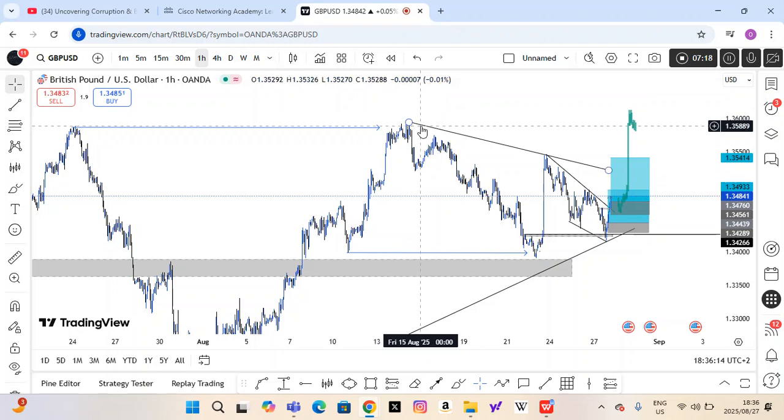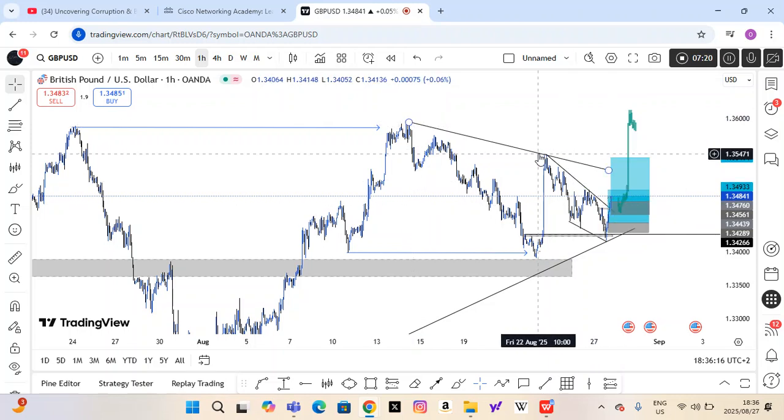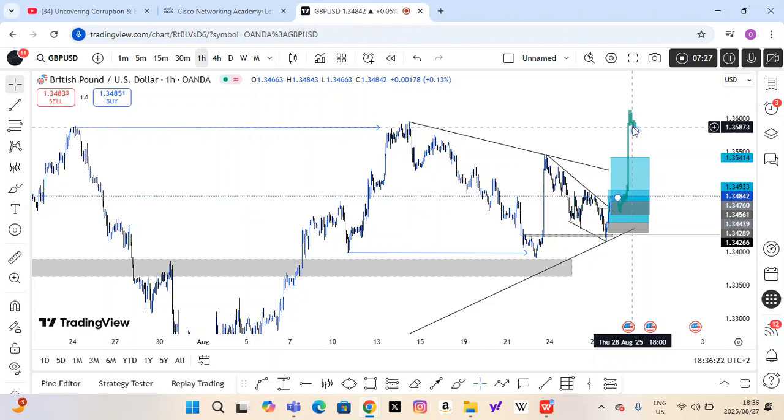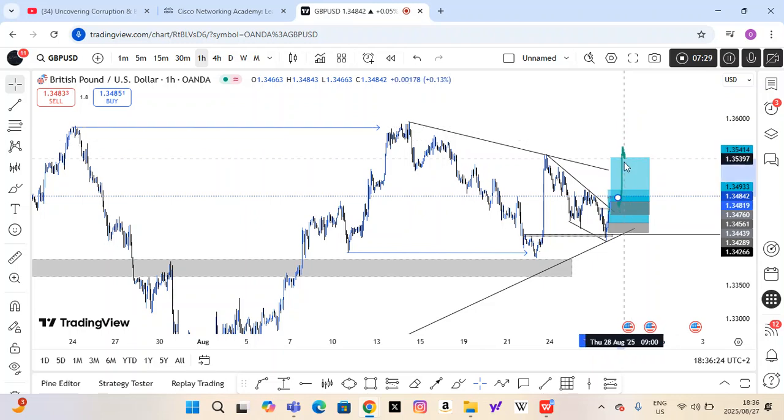You understand? If not this, then this one over here. This is my first take profit here. This is where I'll be looking to take my first profit when price reaches here. Then this will be my second, then third.